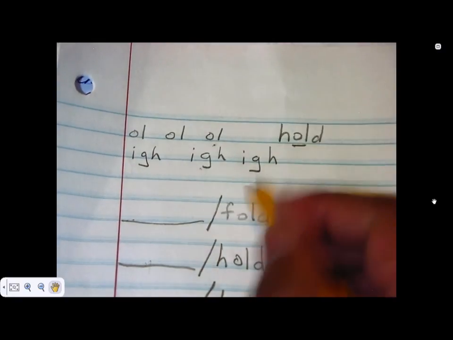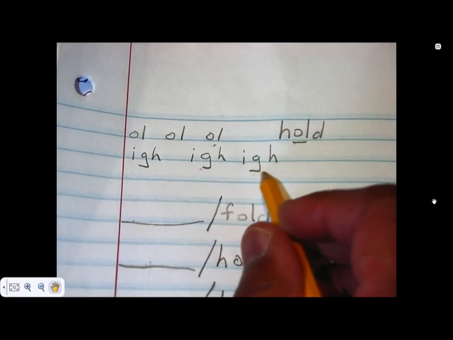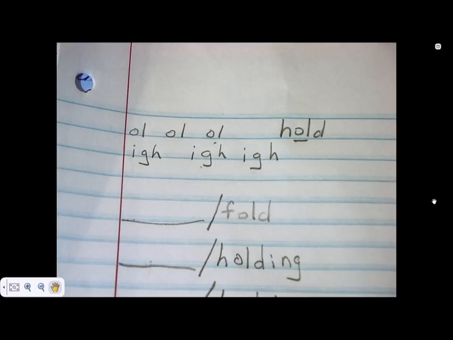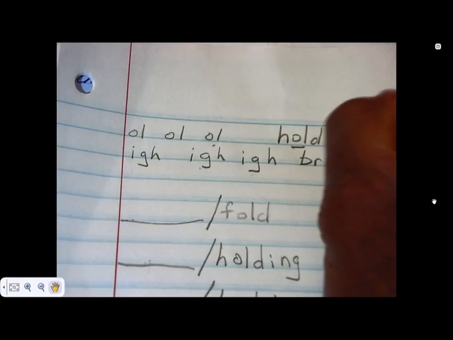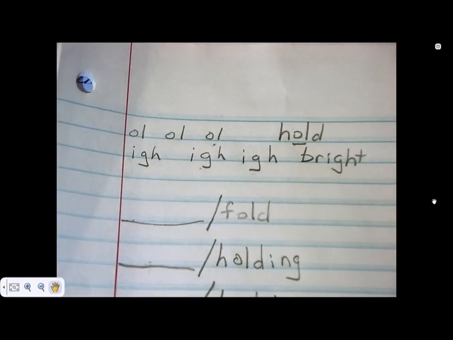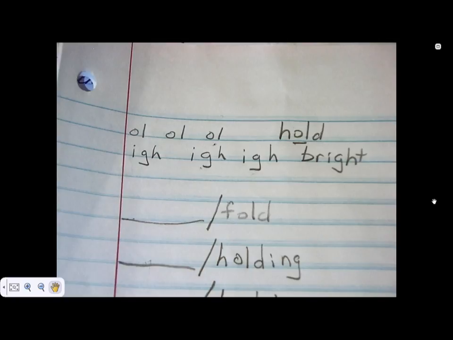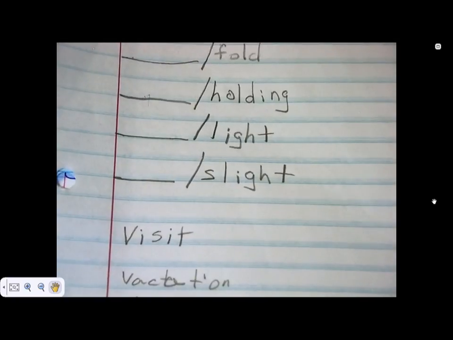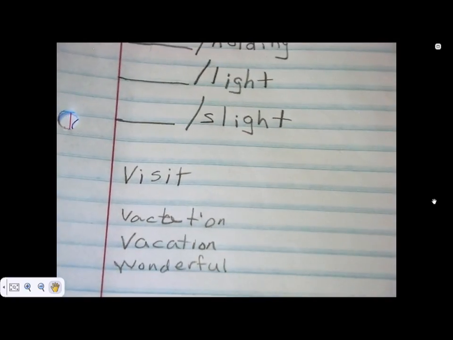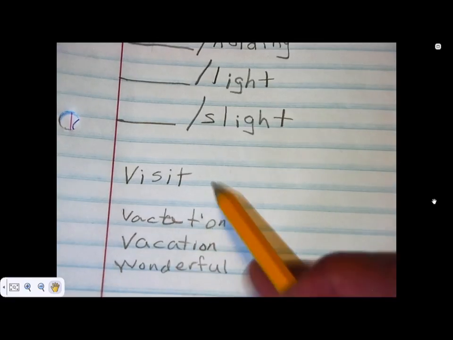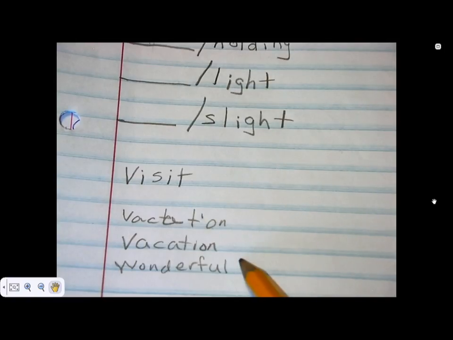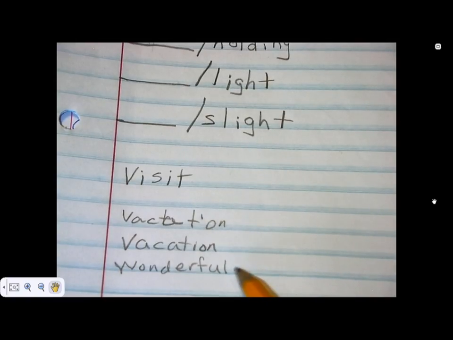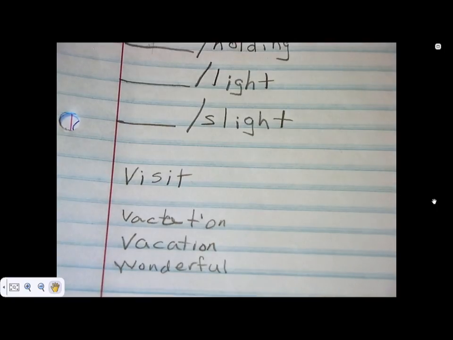We looked at the letters I-G-H, and the letters I-G-H say I, like in bright. We looked at the passage that was trying to persuade us to go to Jamaica, and we looked at words like visit, vacation, and wonderful. And wonderful is a wonderful word to end our lesson on.